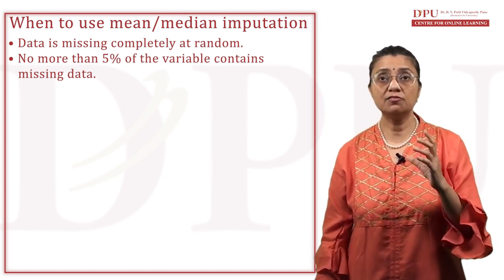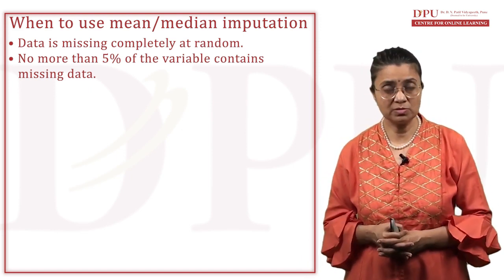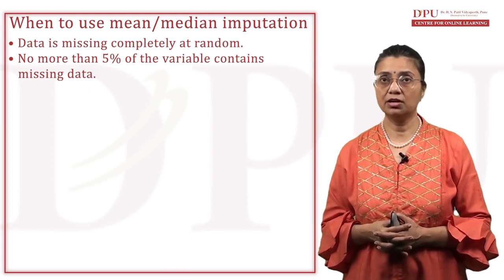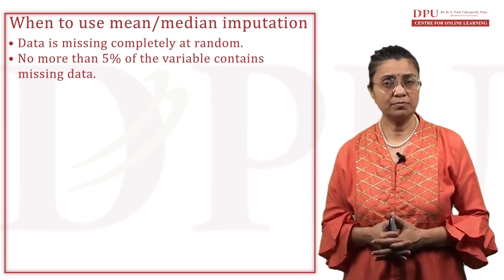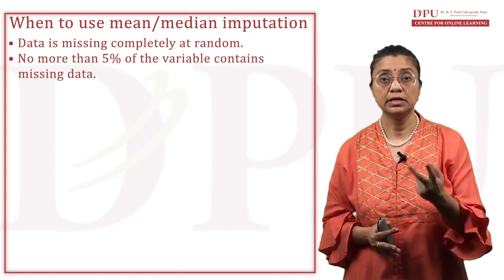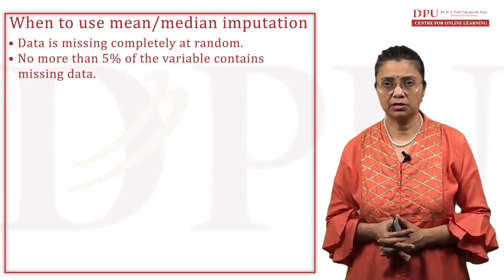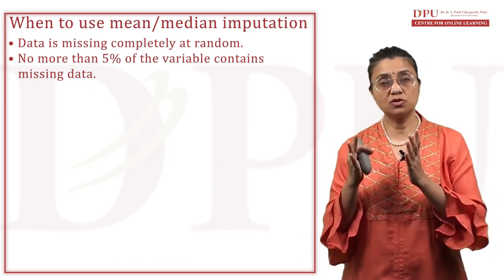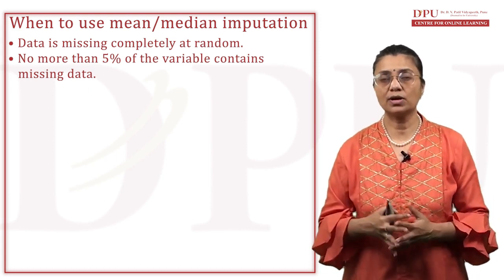So basically, if my data has more than 5% missing, in that case I will not go for a mean or a median. Let's take the example of exams. If there are 8 exams, and I have appeared in 7 exams and not appeared in 1 exam, then on the basis of the marks in the 7 subjects, I can estimate marks for 1 subject.